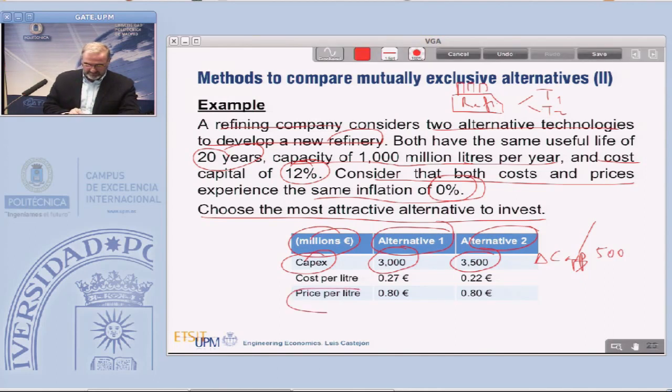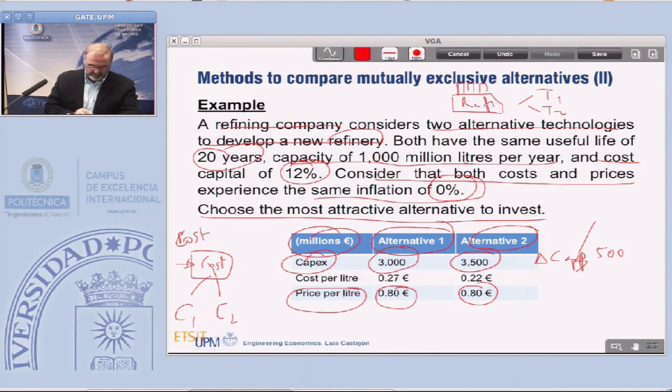The price per liter we are going to use is the output of the refinery. The refinery has several raw materials, mainly fuel, and it has a cost. Then to produce, we also have costs that depend on technology 1 or technology 2.